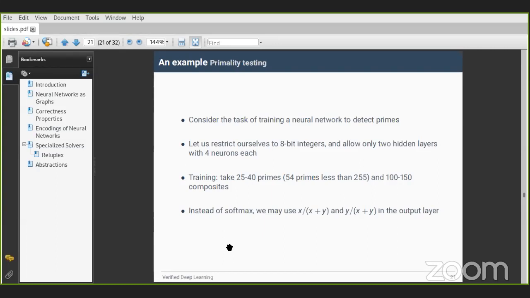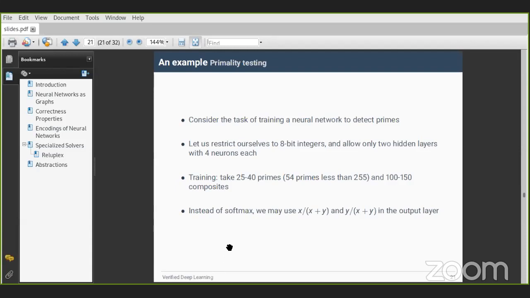We can do it in many ways. Let's say we restrict ourselves to 8-bit integers, so we have these 8 bits, and you can go from 0 to 255. Suppose I restrict the network to have only 2 hidden layers, and even in those hidden layers only 4 neurons in each layer.